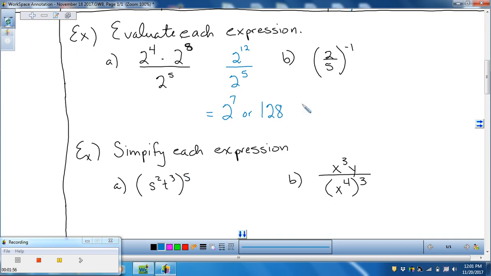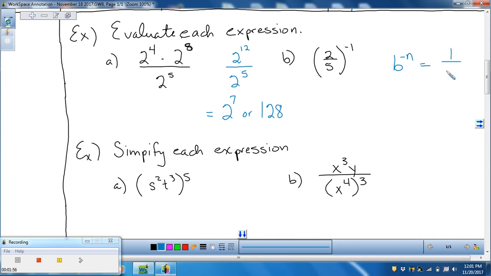Problem B, we have 2 divided by 5 to the negative 1 power. Anytime you have a base to a negative power, it's called the reciprocal property.